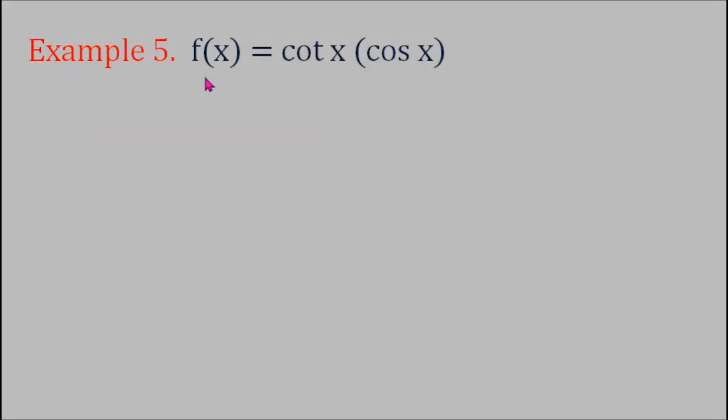Example number 5. Find the derivative of f of x equals cotangent x times cosine x. We are going to let the first factor as u and the second factor as v. So our formula for the derivative of a product is the first function times the derivative of the second plus the second function times the derivative of the first.